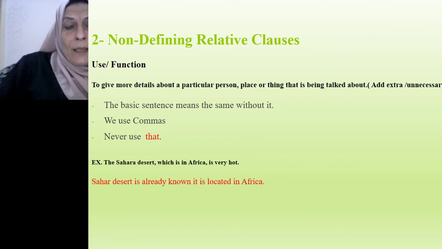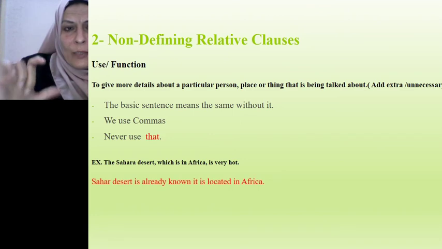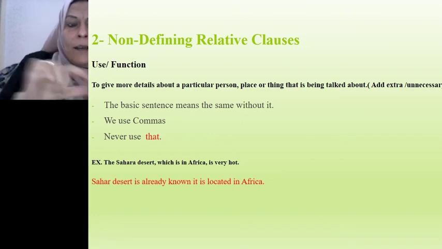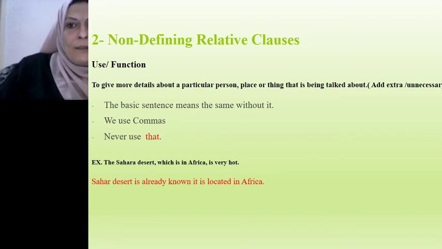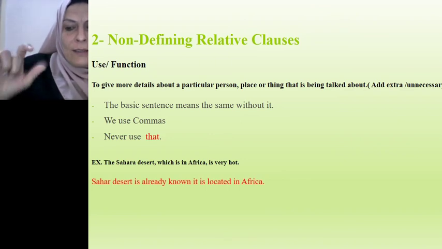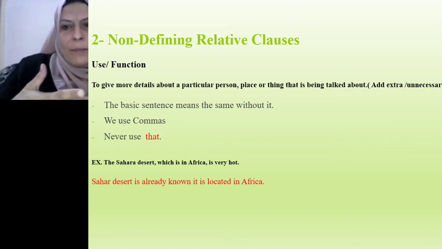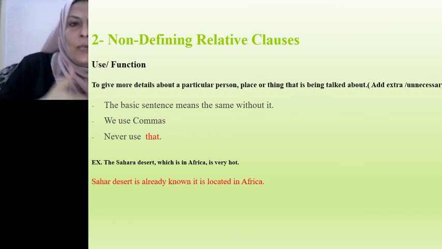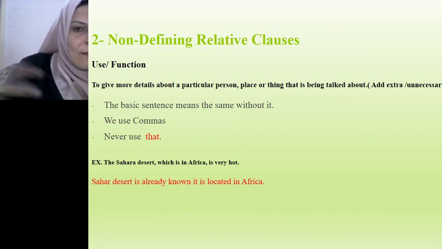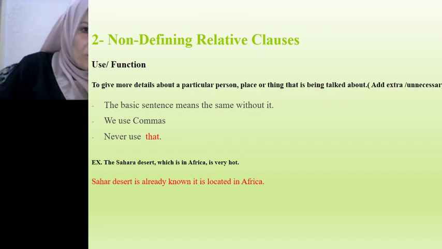What is important here is that we add extra, unnecessary information. يعني هون relative clauses أضافت معلومة غير مهمة, because we already know the person, the place, or the thing that we talked about. So the basic sentence means the same without it. يعني لو مسحناها the meaning will not be different.